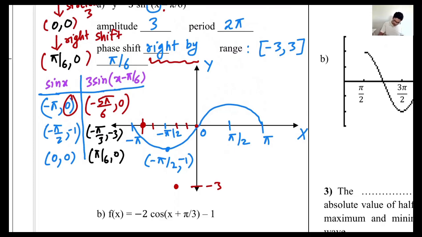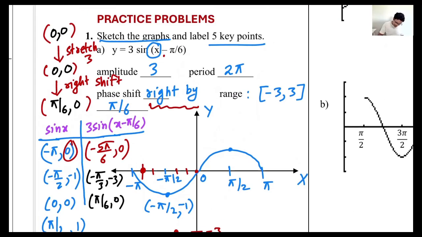Similarly, my next point is here, which is at pi over 2, 1. Okay. Let us go ahead and apply transformations to that.